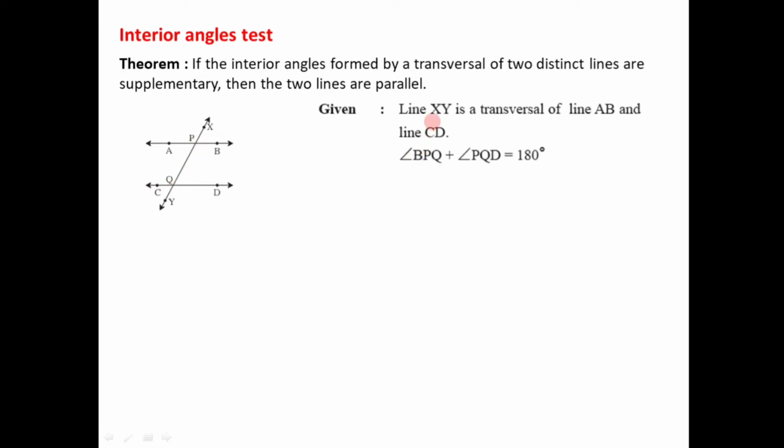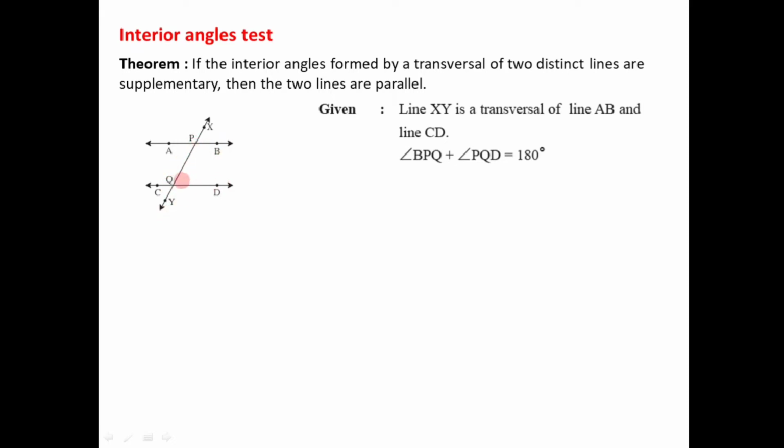For this, given is line XY is a transversal of lines AB and CD, and as the statement suggests, the interior angles formed by the transversal of two distinct lines are supplementary. So here we have taken a pair of angles, angle BPQ and angle PQD.